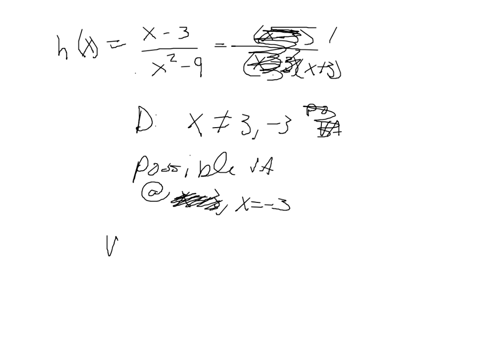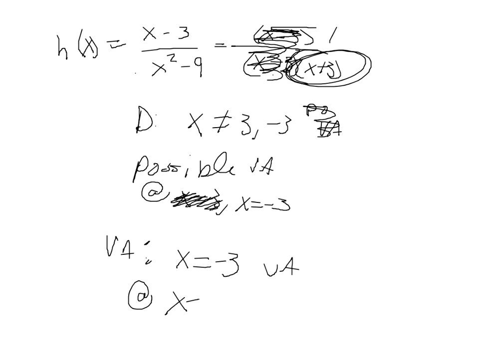So my vertical asymptotes occur at the remaining values in the simplified rational function. So x equals minus 3 is a vertical asymptote, and at x equals 3, there is a hole.